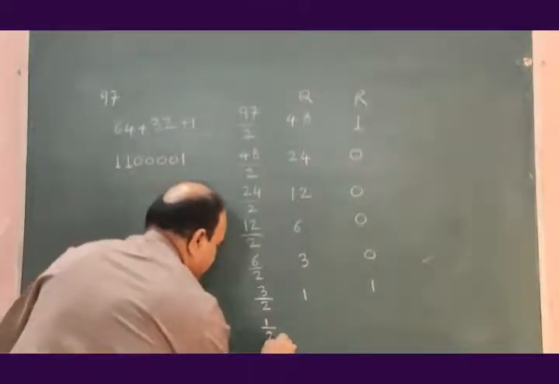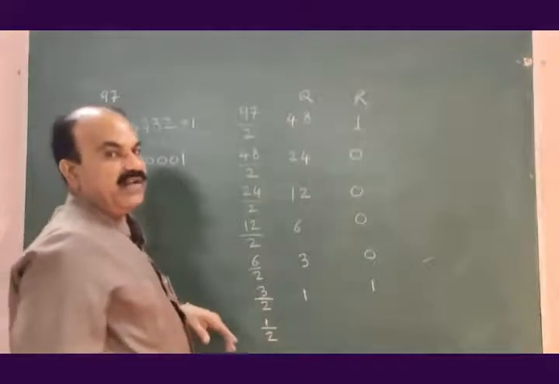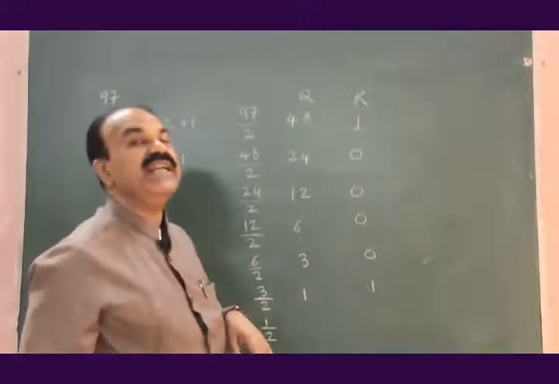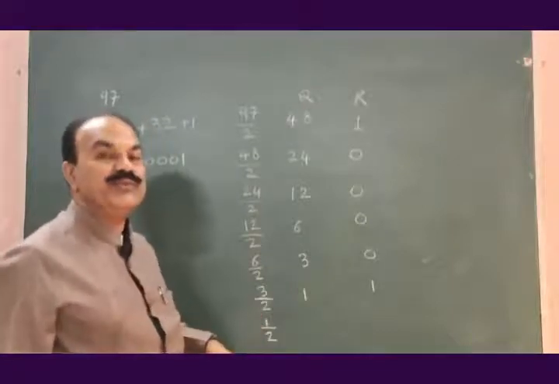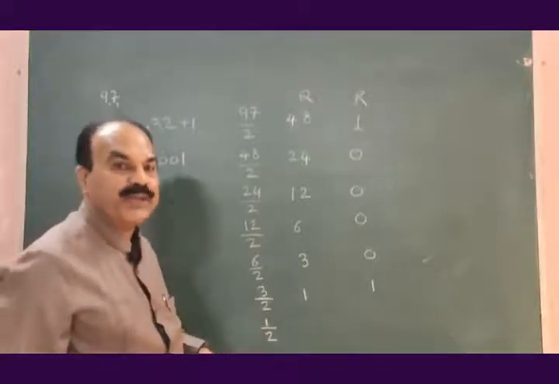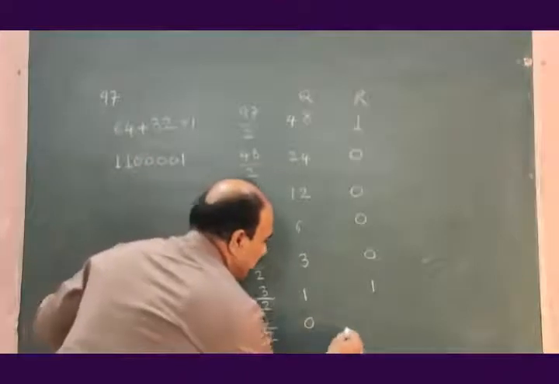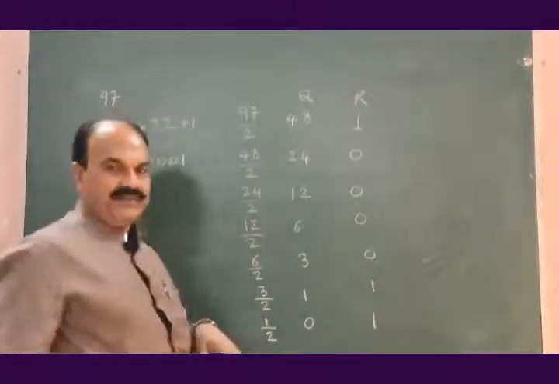Divide this 1 by 2. We are required to do integer division, and in integer division of 1 by 2, the quotient is 0, remainder 1.